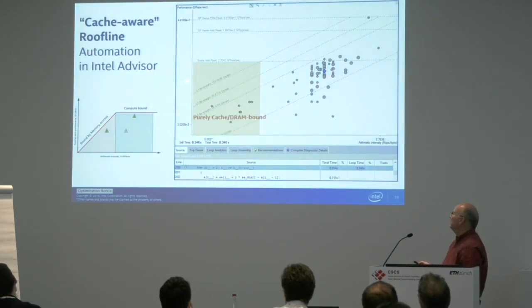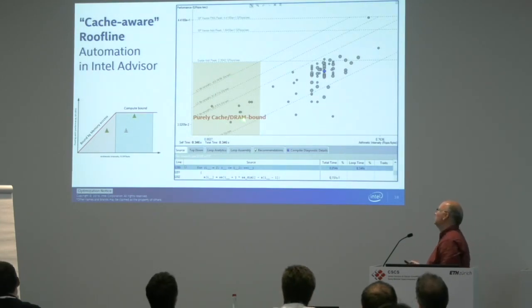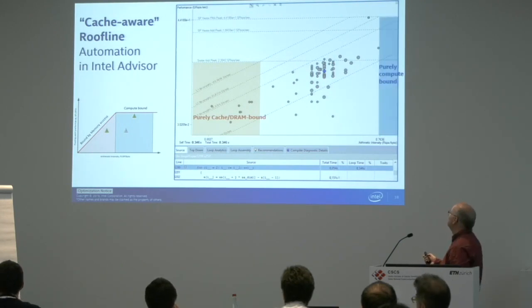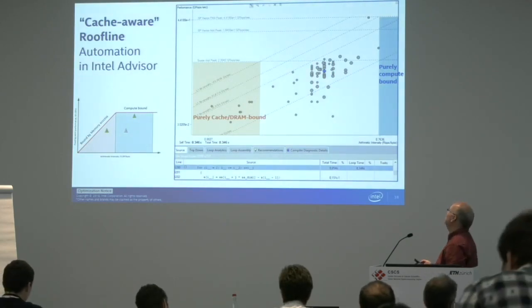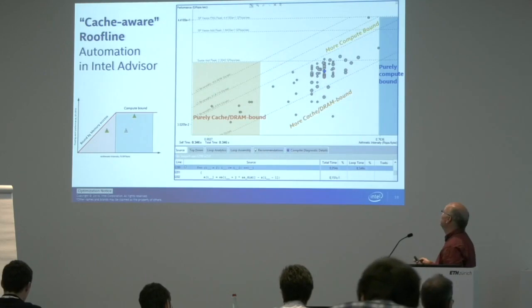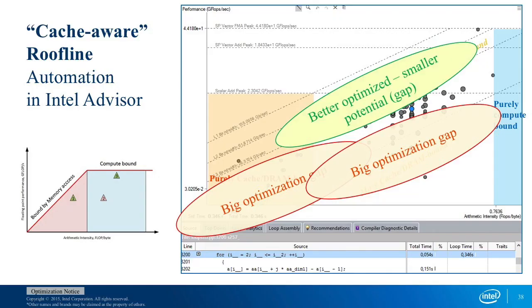Here on the lower left side, we have the purely cache or DRAM bound part, and in opposition to that, on the far right side, you have the purely compute bound stuff. And then you have something in between, like more compute bound or more DRAM bound. So you can take your decisions from where your loop lies.